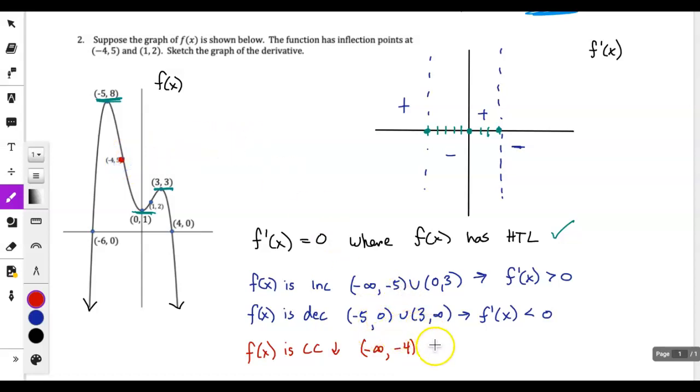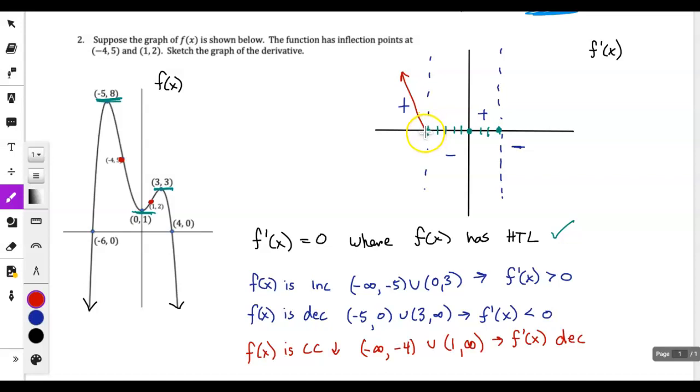So if the original is concave down on that interval, and it's also concave down from 1 to infinity, then that means the graph of the derivative is decreasing on those intervals. So from negative infinity until negative 4, I have to decrease. So let's try to do that. I have to be positive and decreasing here. So positive and decreasing. Then I hit 0.